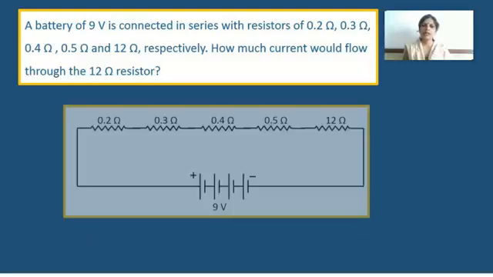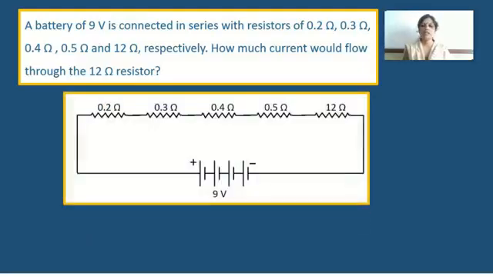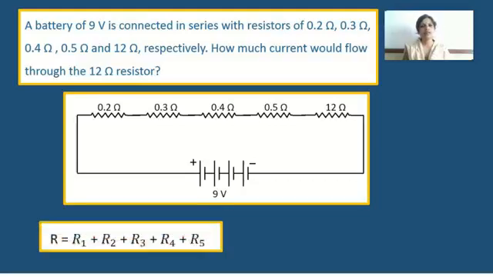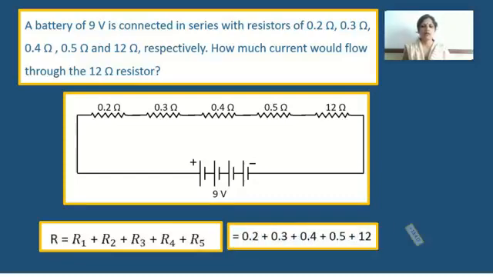This will be the combination, all the resistors connected in series across a battery of 9 volt. Now the equivalent resistance of these 5 resistors is R = R1 + R2 + R3 + R4 + R5. Add all the values and what you get is 13.4 ohms. So we got the equivalent resistance of the 5 resistors connected in series as 13.4 ohms.